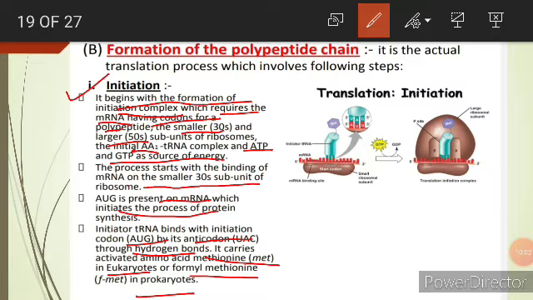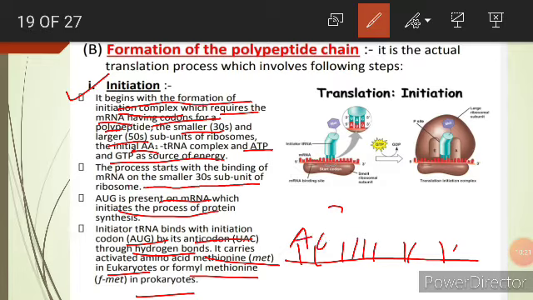So we can see how, suppose this is the mRNA. So this is one mRNA. And now the initiation. For the initiation, the initiation codon is there, that is AUG. Here the smaller subunit is going to join, and here the larger subunit of the ribosome will join.